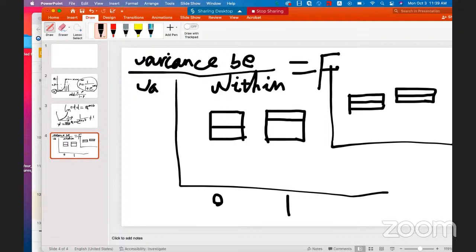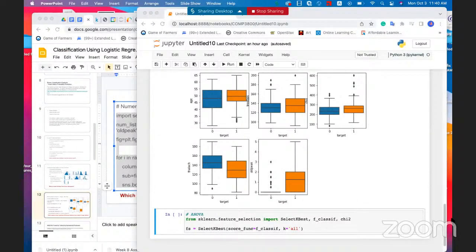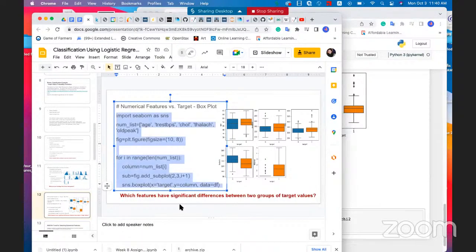This gives a general understanding of how to evaluate the box plot. So the difference between the groups here is significant. And with the ANOVA test, it gives you 2 scores.